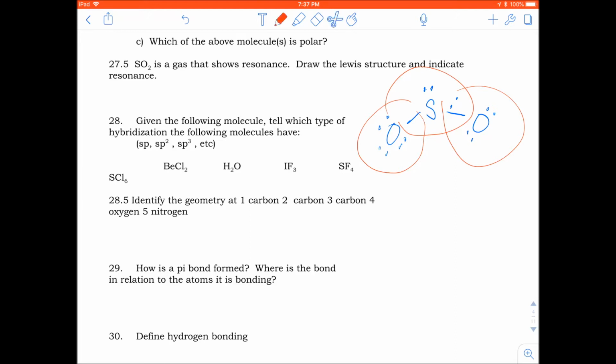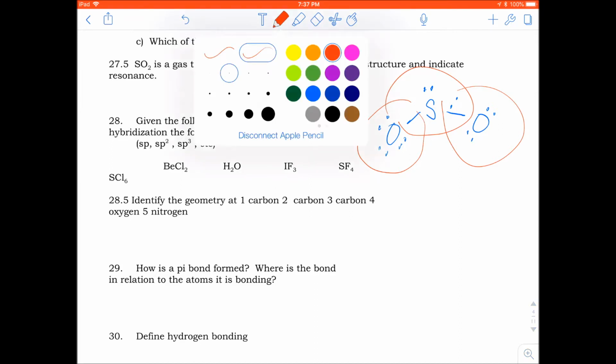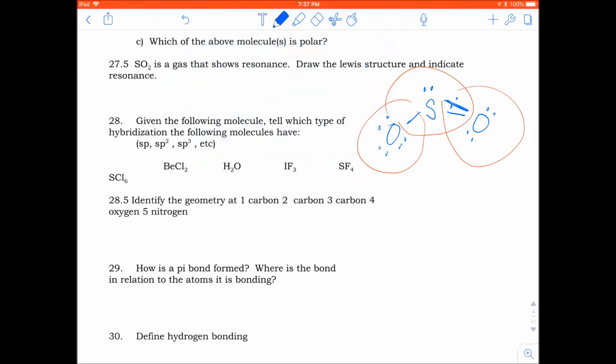What resonance means is, if I draw those 2 that I just moved as a double bond instead, that is one way that resonance could be. But the double bond doesn't have to be on that side. It could be over here.